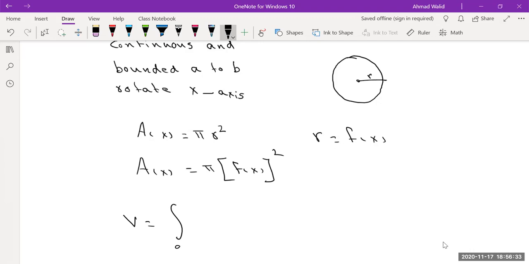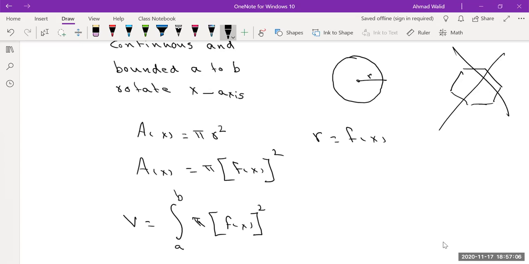Volume will be the integral from A to B of pi, you can even write it this way, which is not in your book. In your book, they always use A of x, but I break it down here for you. When you are dealing with different functions, pi times the square of your function always, because the cross section is always a circle. You cannot get a shape like this when you rotate something, or when you revolve something about the x-axis.